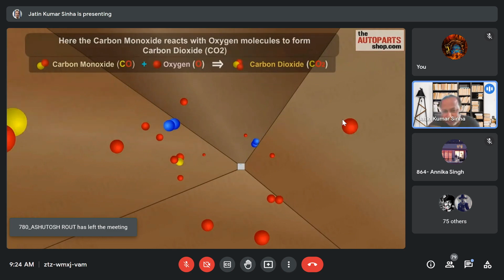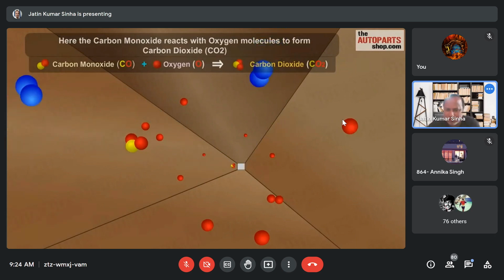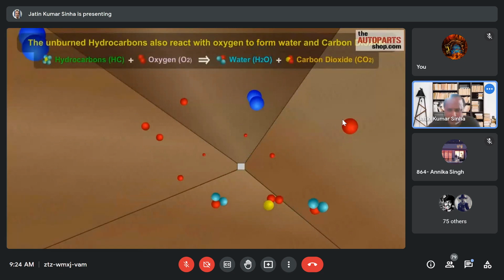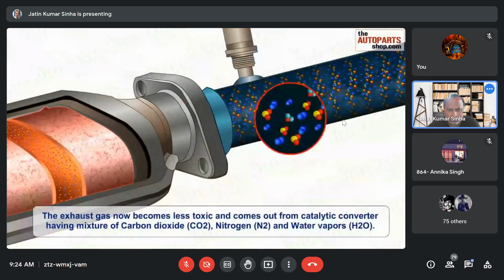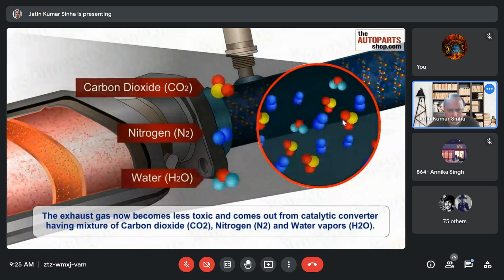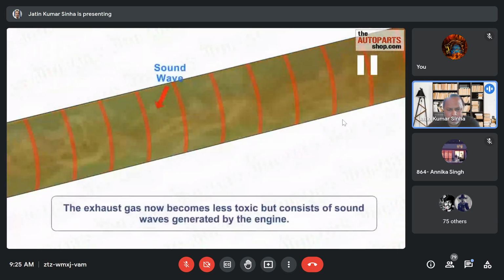That is the first part, and it is being converted to carbon dioxide. Finally, all the toxic pollutants are converted: carbon monoxide is converted to carbon dioxide.